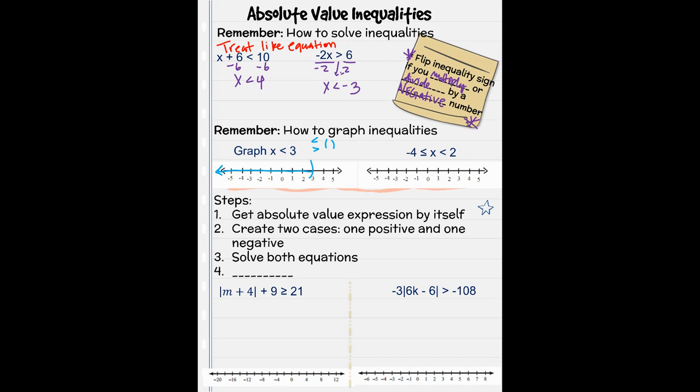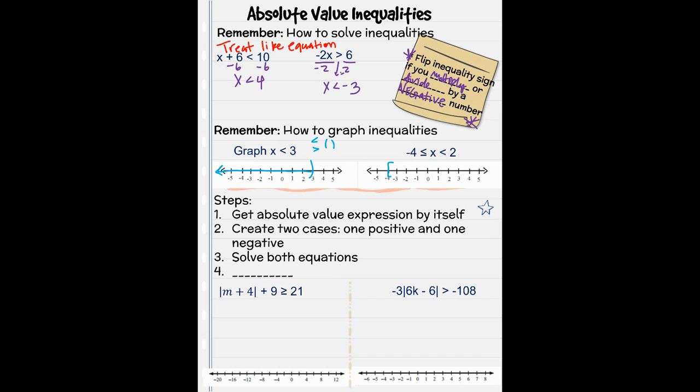Okay, this one over here, we've got negative 4 is less than or equal to x is less than 2. So this is saying to me that x is between negative 4 and 2. And my negative 4 is a less than or equal to, so I'm using my bracket.